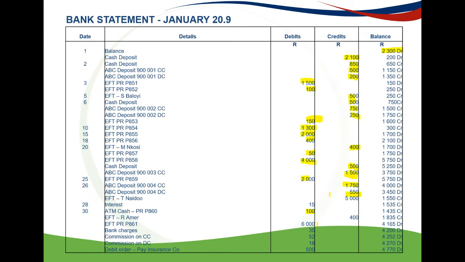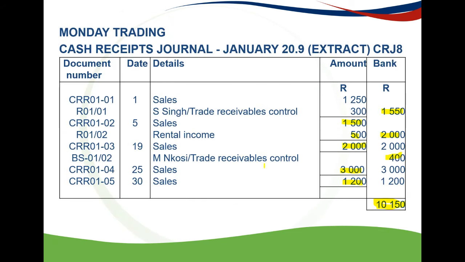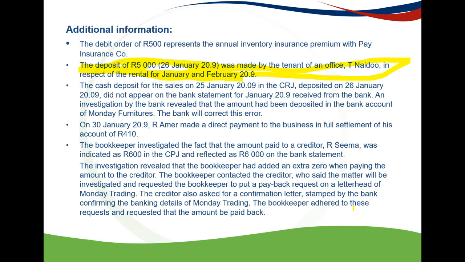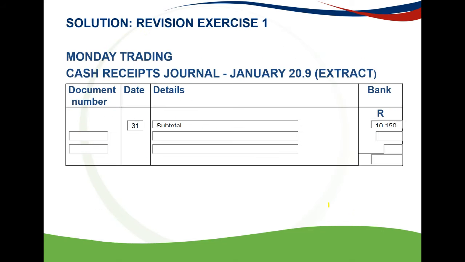It was not recorded in the cash receipts journal. When we look here, there's no deposit of that 5,000 recorded here. So we will then have to go and record that rental income of T.